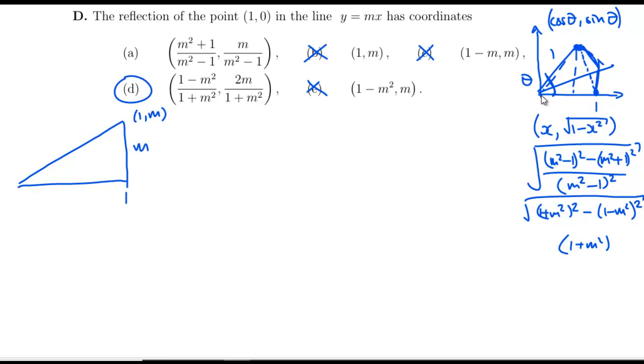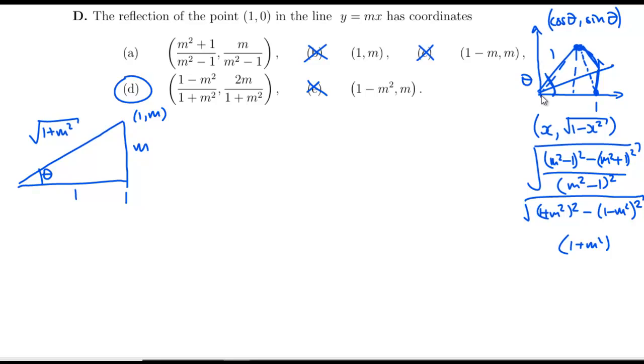So that side is m, that side is 1. Let's call that, well, this is a different theta to the one that I had over there. So it's going to be half of that one, but we're doing a new approach on this. So we can say from Pythagoras, that's going to be the square root of 1 plus m squared that we've got there.